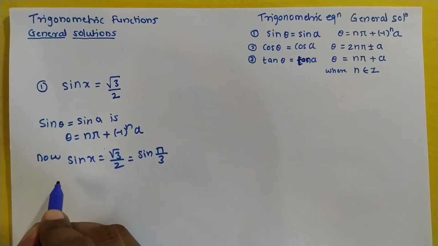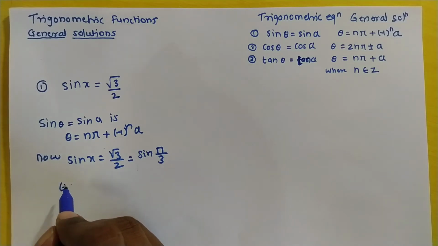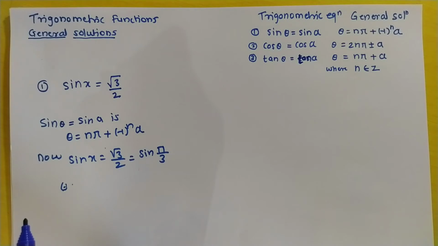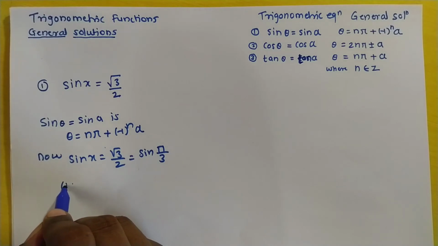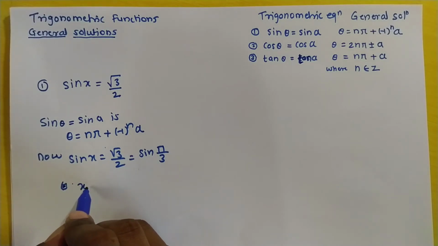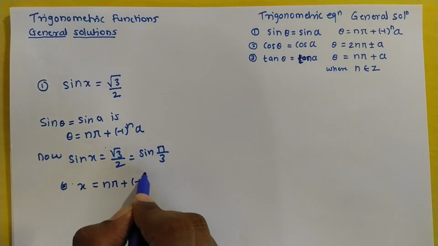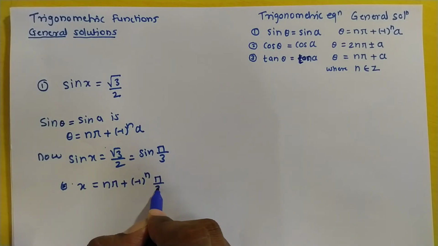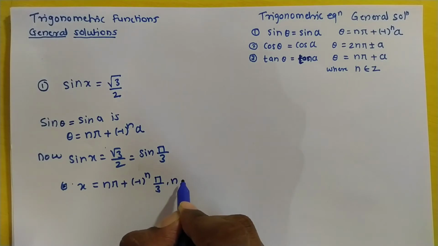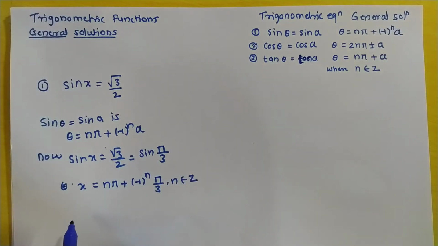So therefore the general solution is x equal to n pi plus (minus 1) raised to n pi by 3, where n belongs to Z.